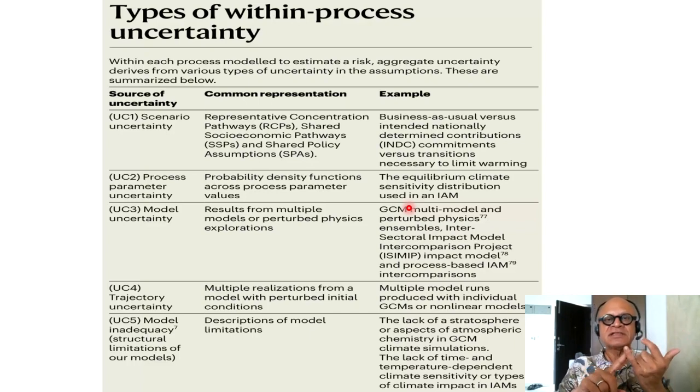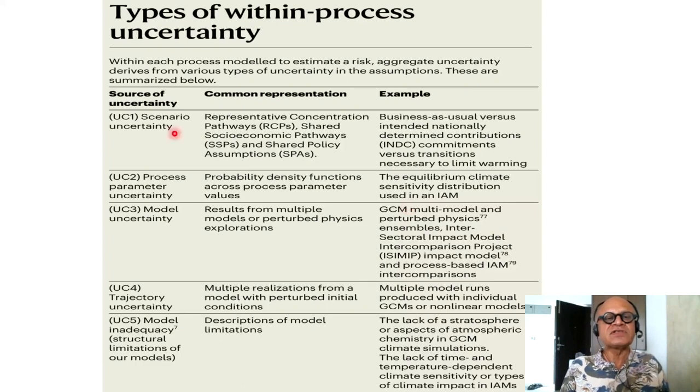So hazard, let's say, comes from estimates from Earth system models, which have their own uncertainties. Vulnerability estimates depend on various indices like socioeconomic factors, per capita income, education, and so on. And the exposure, of course, depends on population densities, infrastructure, etc.